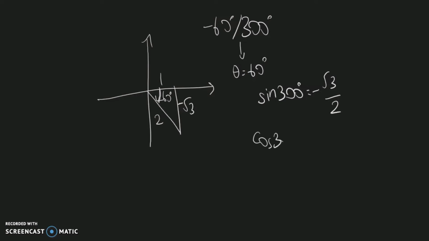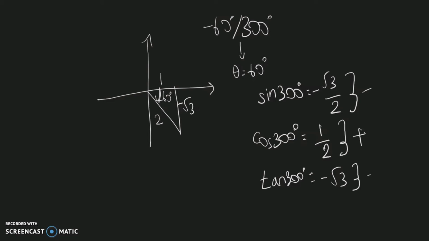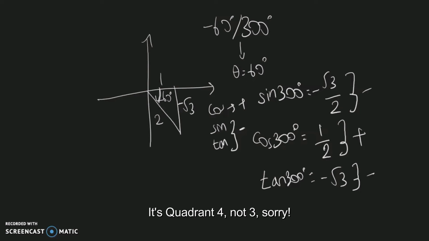Cos 300 degrees is adjacent over the hypotenuse, 1 over 2, and tan 300 degrees is opposite, minus square root of 3, over the adjacent, 1, which is minus square root of 3. So sine is negative, cos is positive, and tan is negative. This reaffirms the fact that cos is positive, and sine and tan are both negative in quadrant 4.